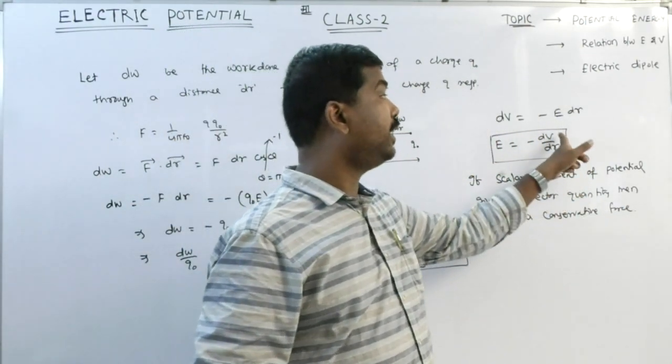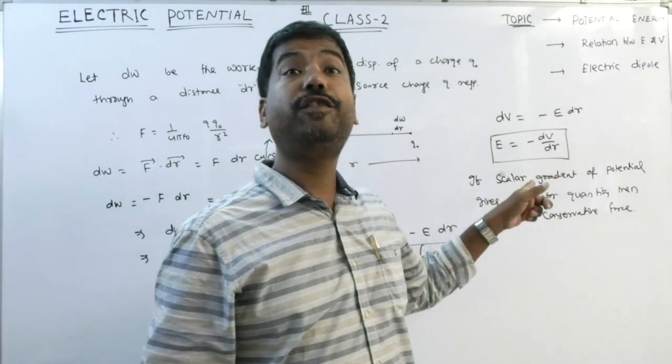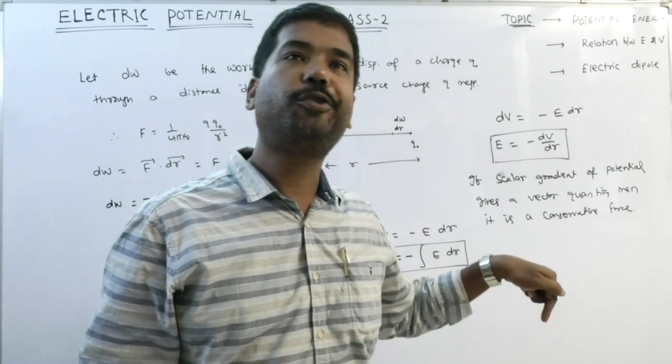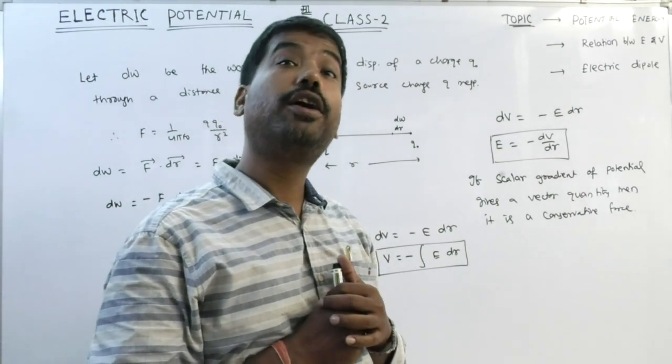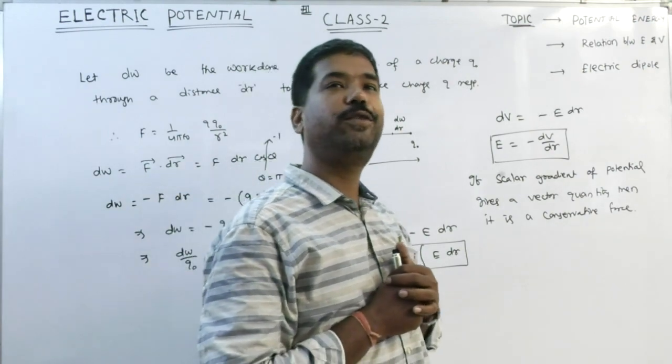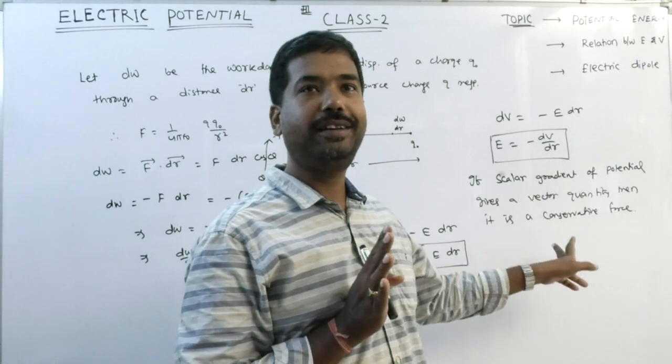Listen to me. Potential is a scalar quantity, but potential gradient is an electric field, and electric field is a vector quantity. So electric field is a conservative field, and electrostatic force is a conservative force. Clear? Did you get it?